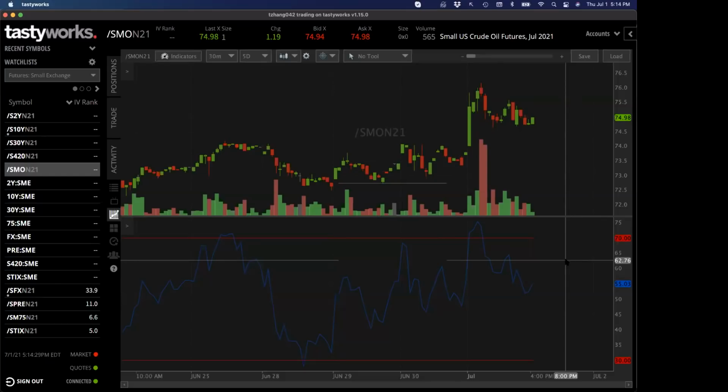Every single small contract, oil, interest rates, US dollar, the small 75, the technology index, the marijuana index, these are all $1 per tick. That's the standardization the small exchange brought to futures that I think is so interesting, especially for those of you that are options traders. You're used to 100 shares per contract, so that's exactly what each small futures contract represents, and each tick is going to be $1. Everything is standardized no matter what products you trade, both as a directional play and as a hedge with small oil futures.